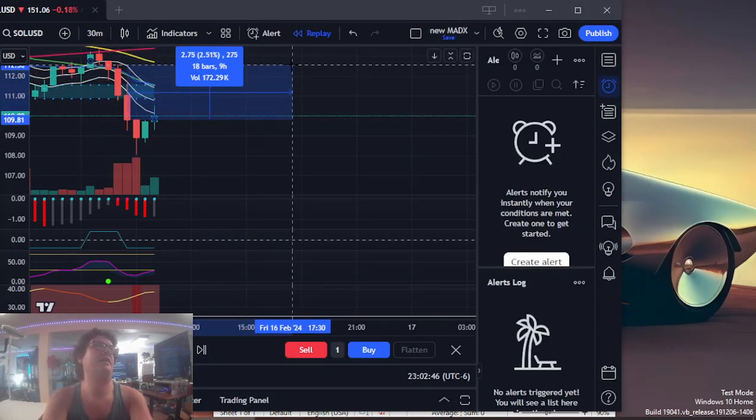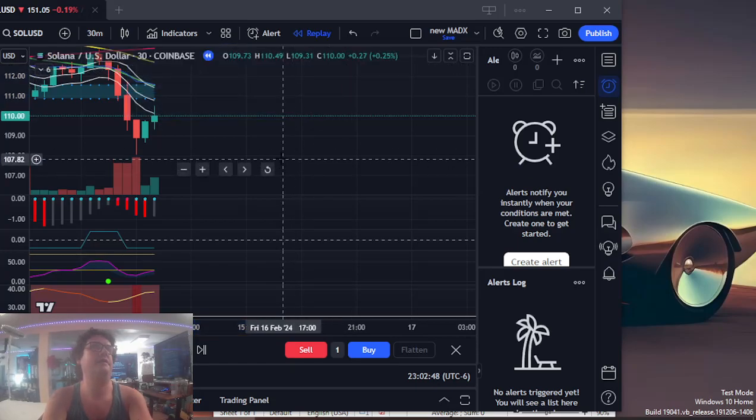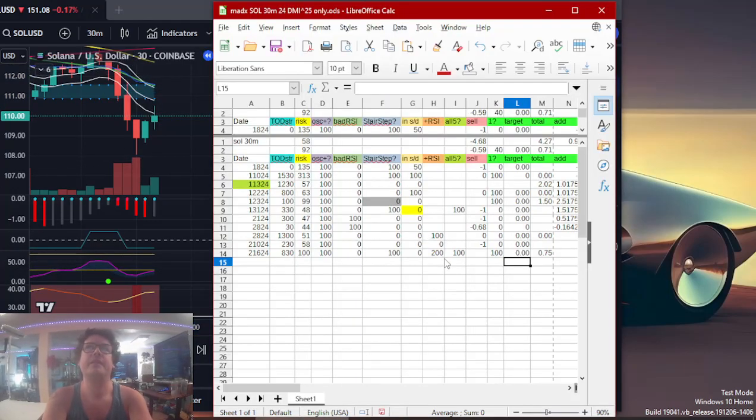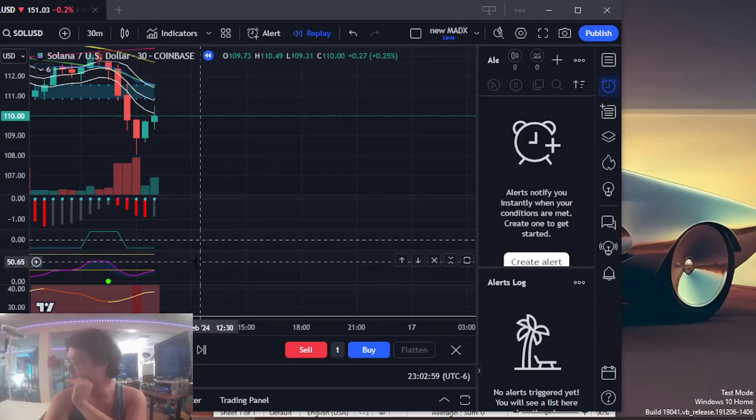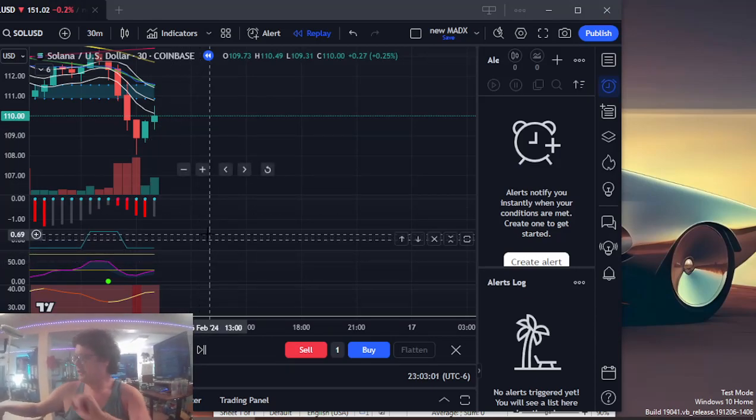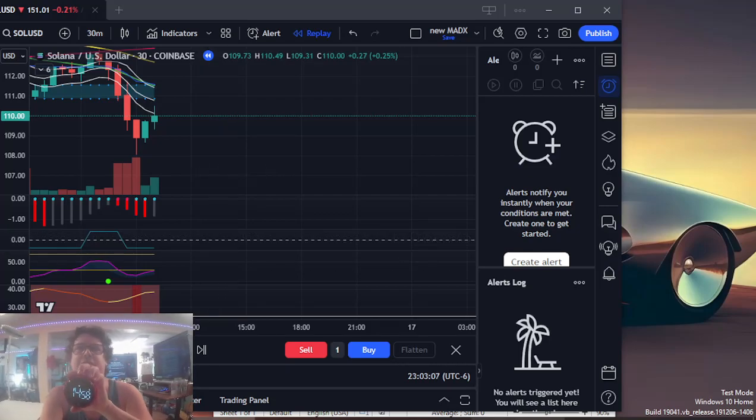The actual price target would have been that, 251, so that didn't happen. So yeah, that was a good trade. Let's see here. Let's go for another 15 minutes. You guys seeing that? Yep.